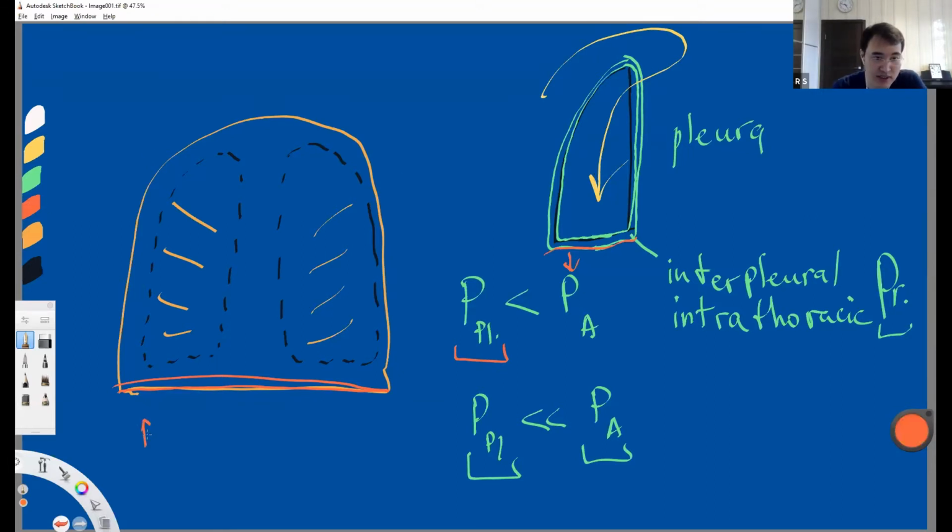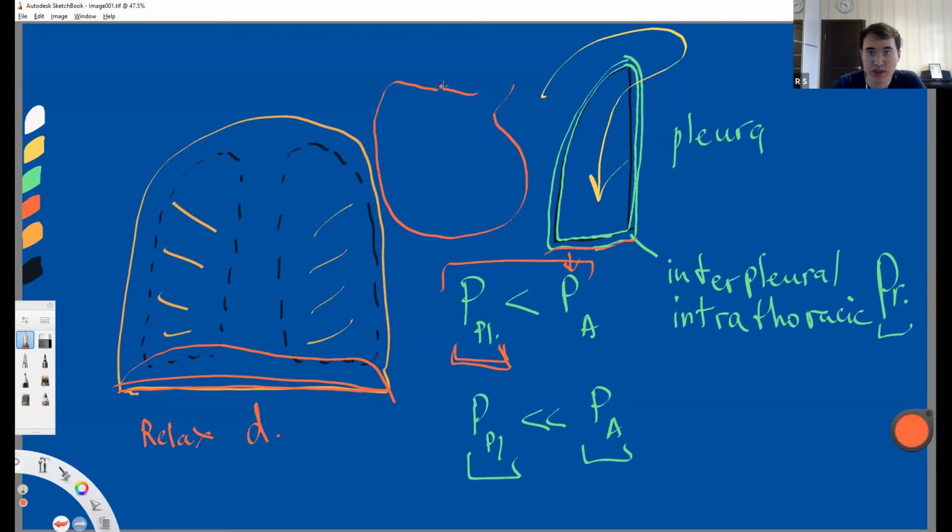Okay. So because we have smaller pressure here, what happens next? Next, we have the relaxation of the diaphragm, and it moves back to its normal place. And whenever it moves back, the interpleural pressure gets back to the first state, a little less than the atmospheric pressure. So what happens with our lungs? These alveoli are expanded with the air inside.